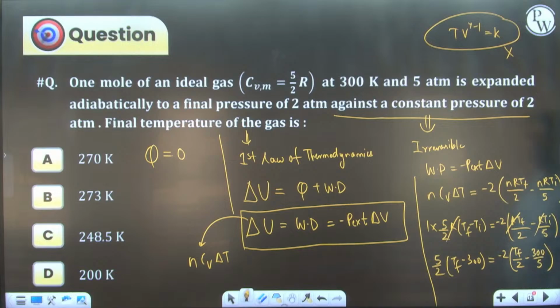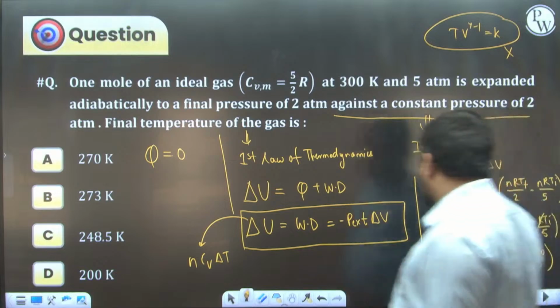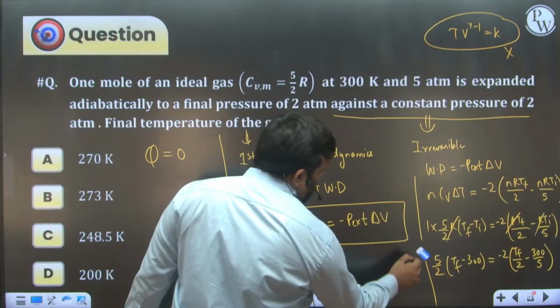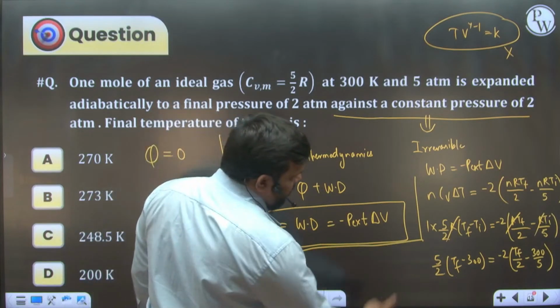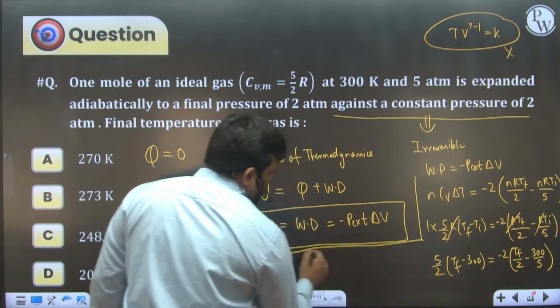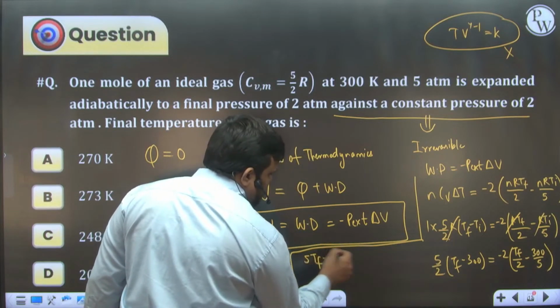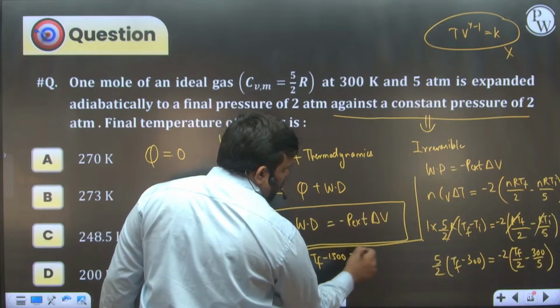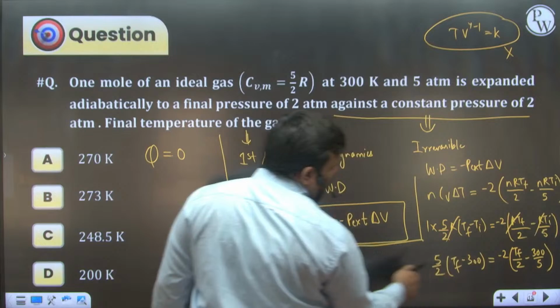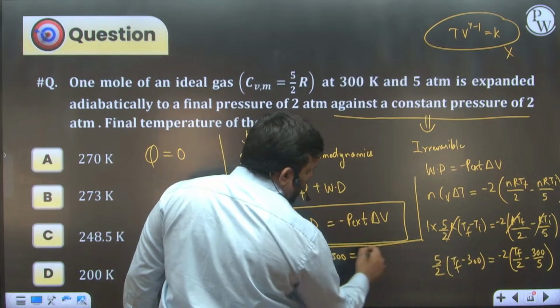So we have to further solve it. Many calculations are there. So let us see. This is 5T final minus 5 into minus 300, minus 1500, is equal to these two getting multiplied over here. So how much are we getting?